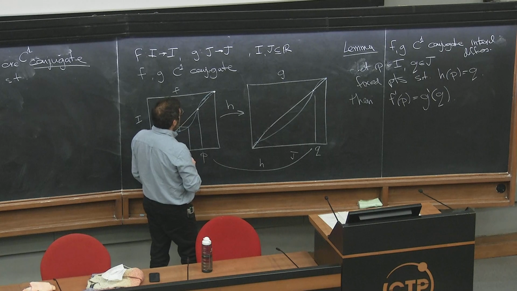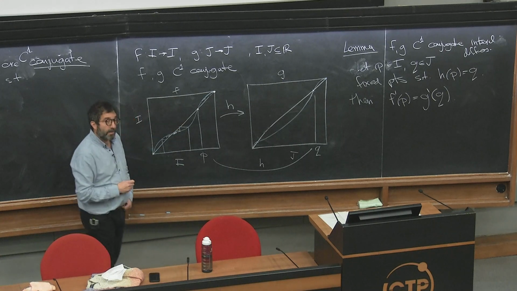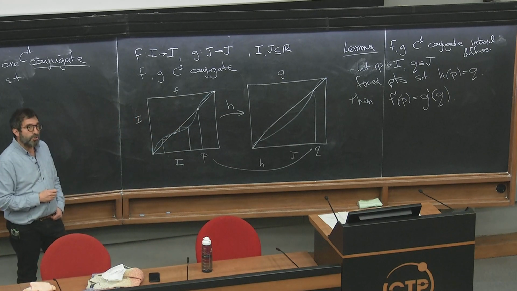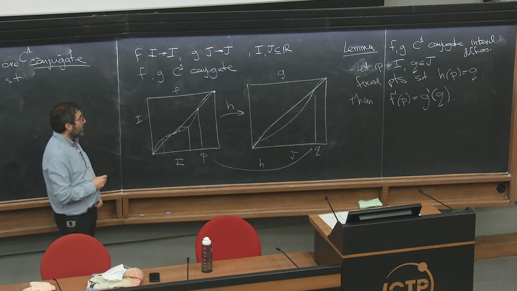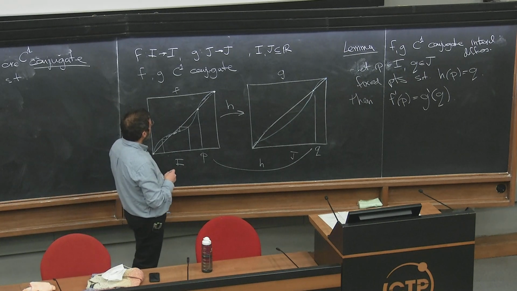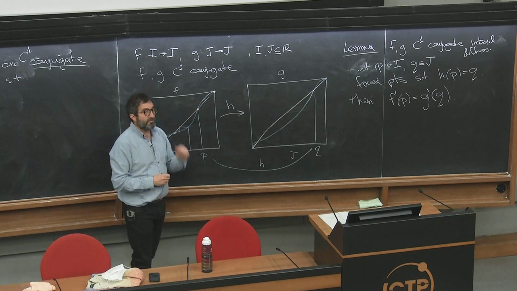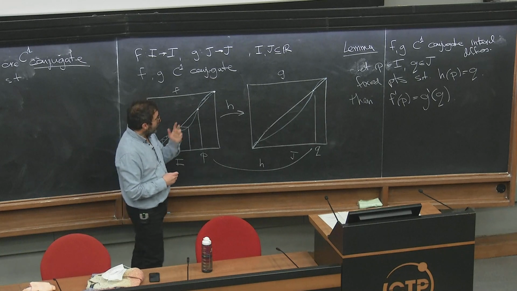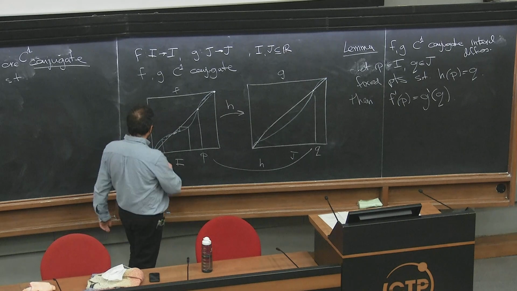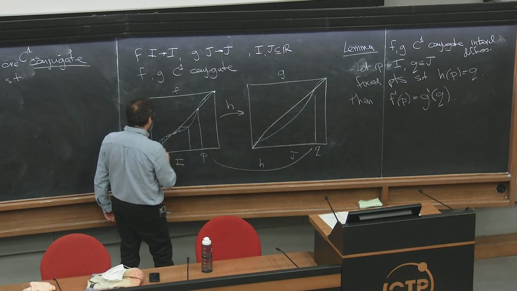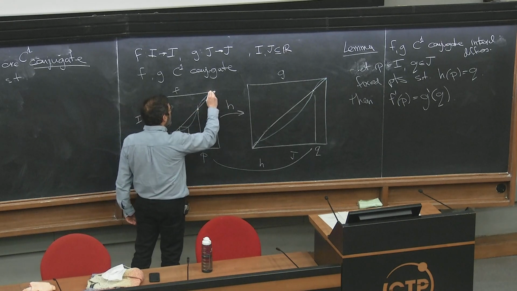So if you think about it, this is a much, much stronger notion of equivalence, right? Because it's saying not only do you need to have the same number of fixed points for them to be C1 conjugate, but at each fixed point, you must have exactly the same derivative.